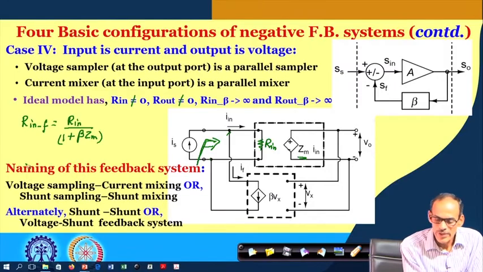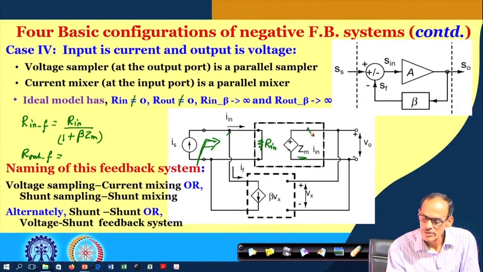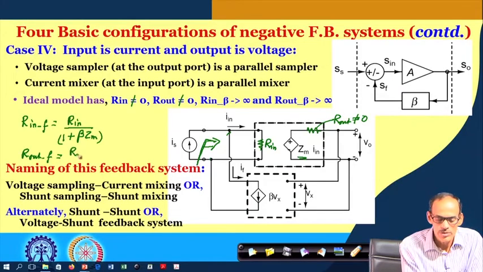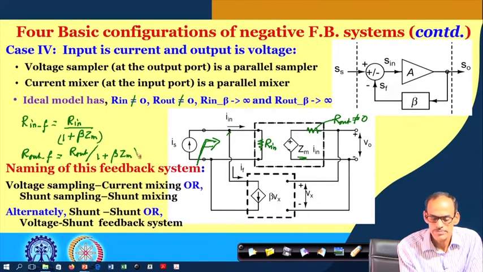Likewise, if I consider a finite, non-zero R out here, R out F will be R out divided by 1 plus beta into Z m.